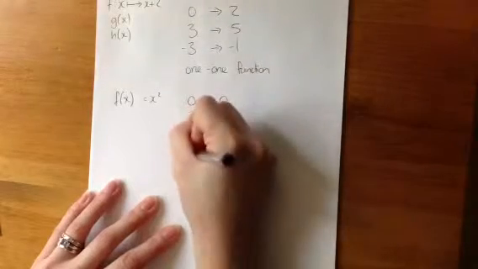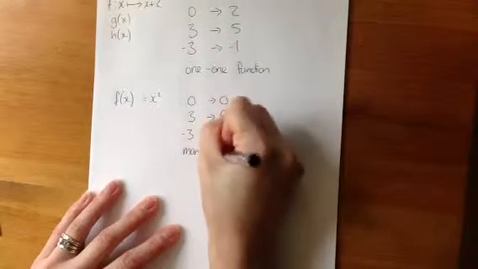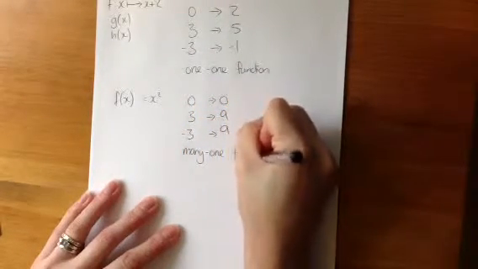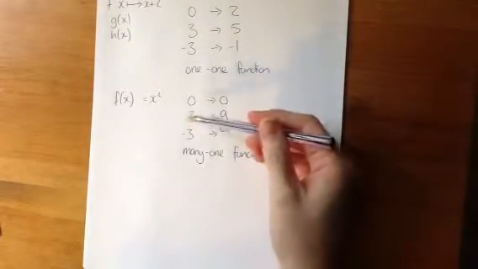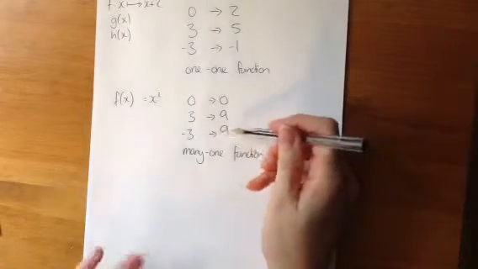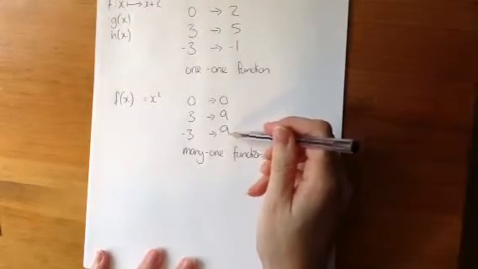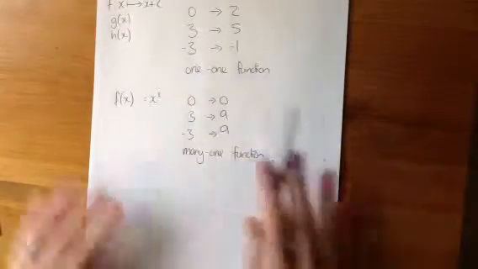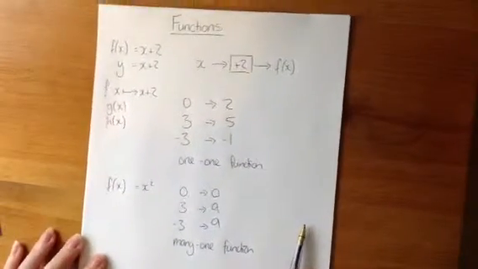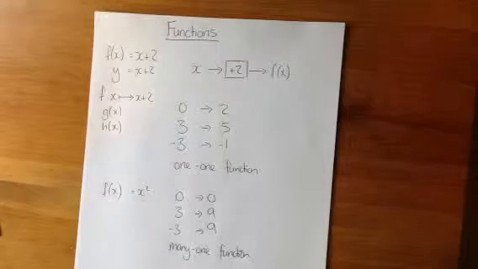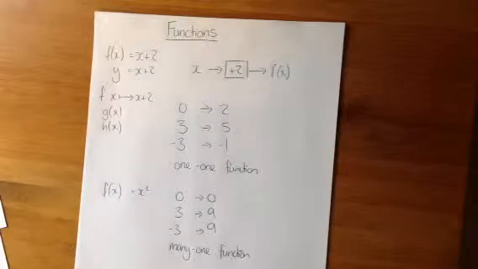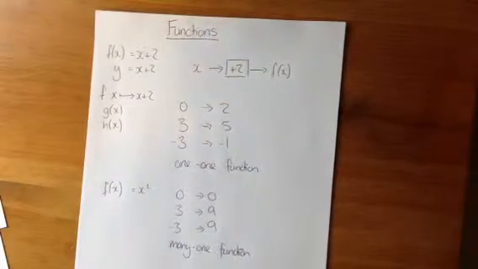Okay, we call this one a many to 1 function, because it means that more than one input can give you the same output. So your two choices are 1 to 1 functions or many to 1 functions, and it's worth remembering the difference between those. So now would be a good time to note that down.